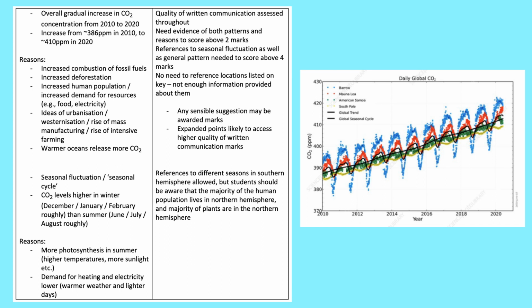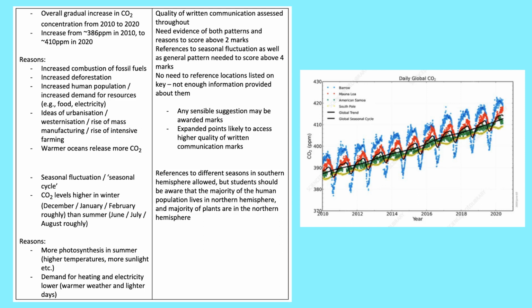There's a little note on the side here that says, of course, that the seasons are different in the southern hemisphere, so they have the opposite, don't they, the winter to us. However, the important thing that you should know about that is the vast majority of the human population lives in the northern hemisphere. And also the vast majority of plants are also in the northern hemisphere.